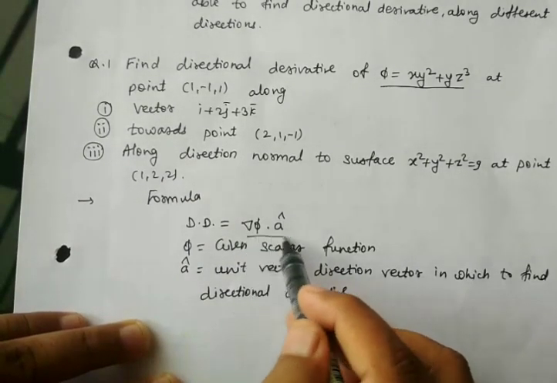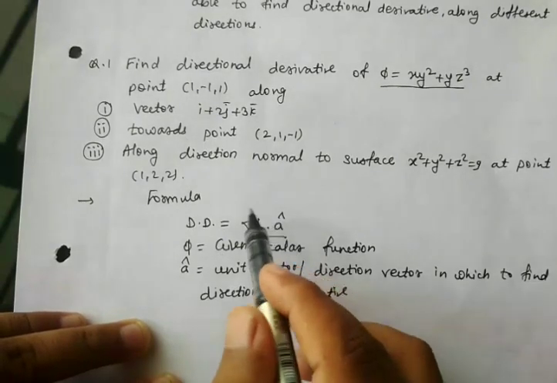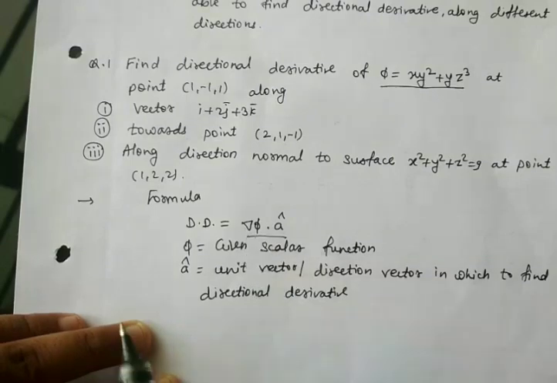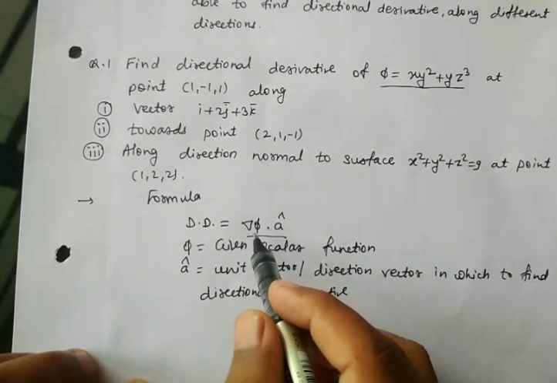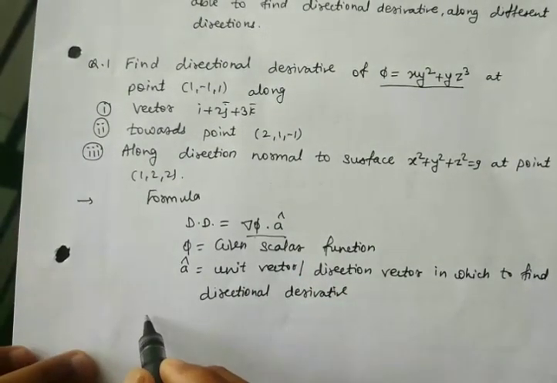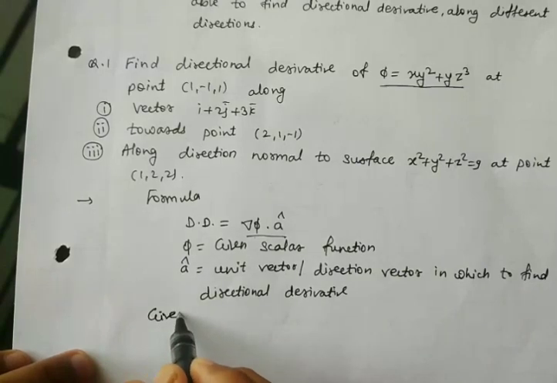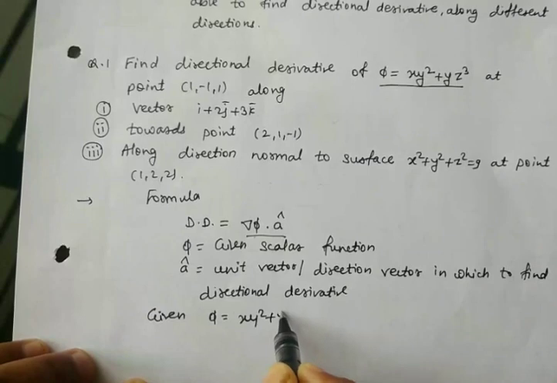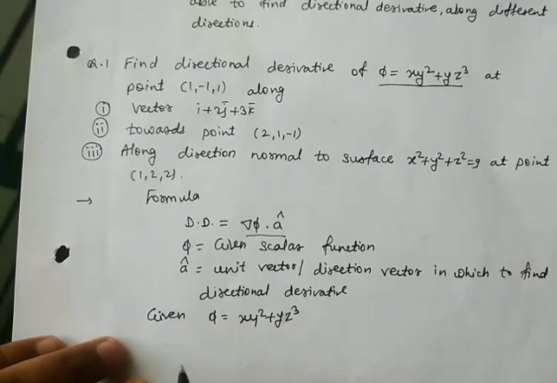This is our formula. So to evaluate this directional derivative, first of all we require to find the quantity del phi. So first we find del phi. Here in this question it is given that the value of phi is equal to x y square plus y z cube.